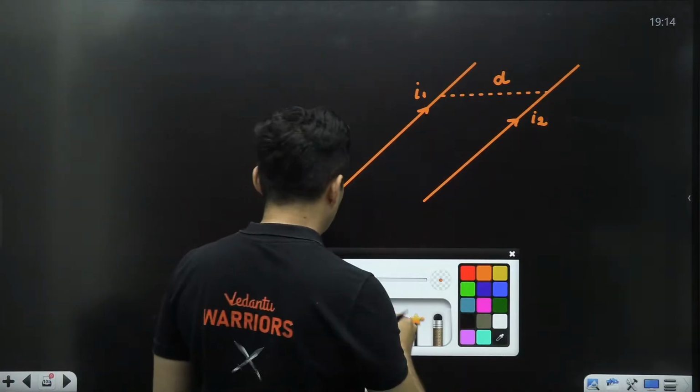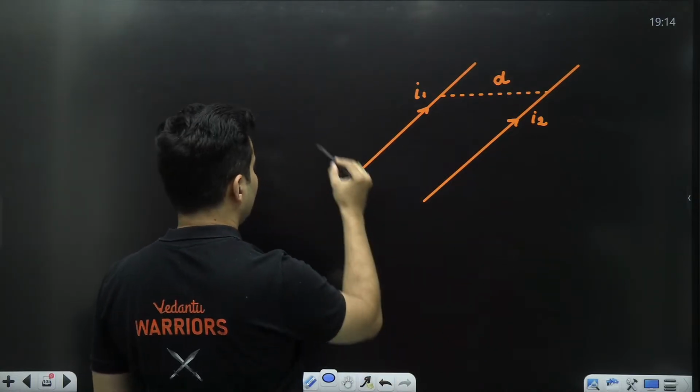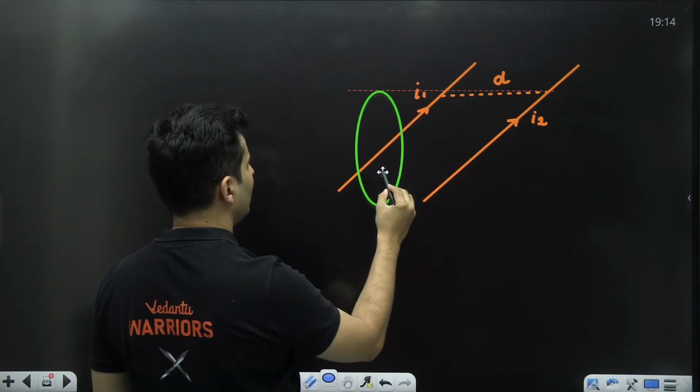So each wire will produce a magnetic field around it. Let's say the magnetic field produced by this wire will be like this. Try to visualize this now.